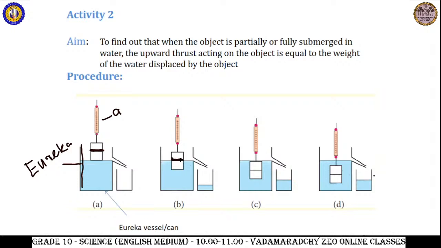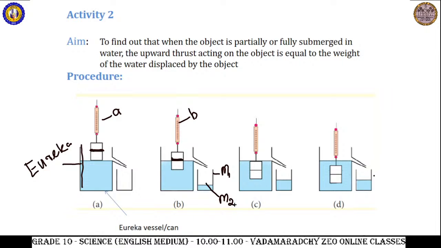At that point also we get the Newton balance reading as well as the weight of the beaker. We assume the weight of the beaker is M1, and M2 is the weight of the beaker with liquid.